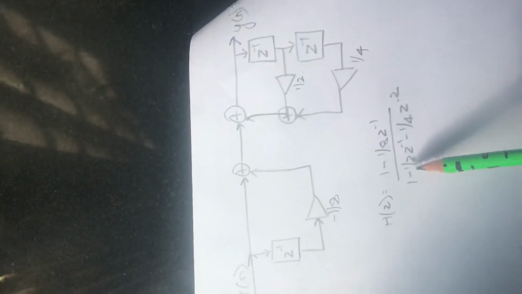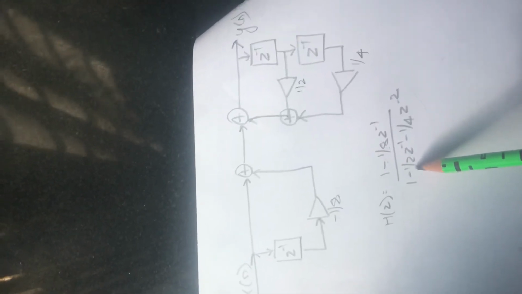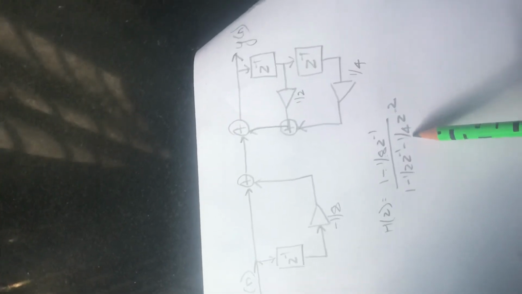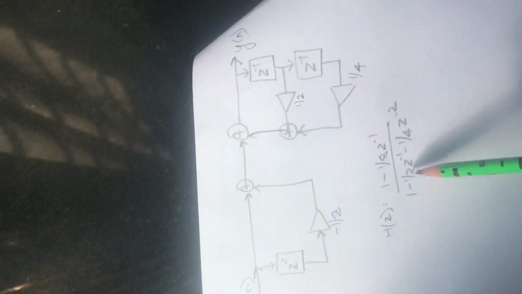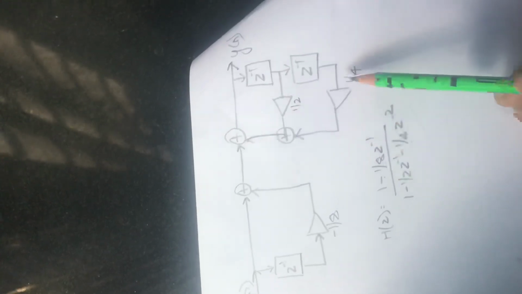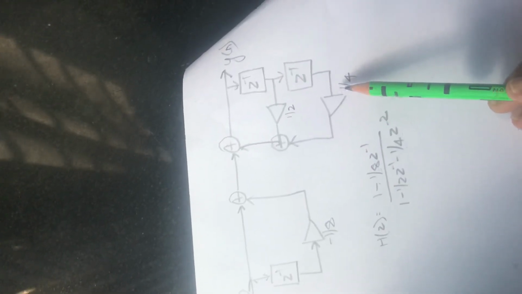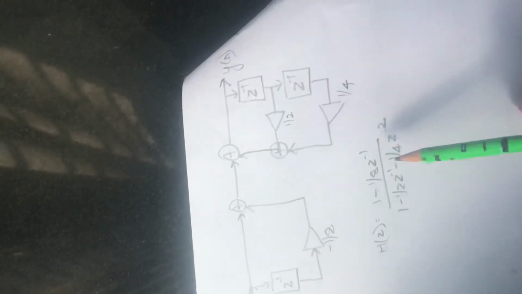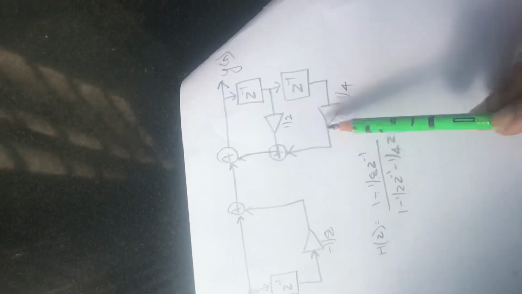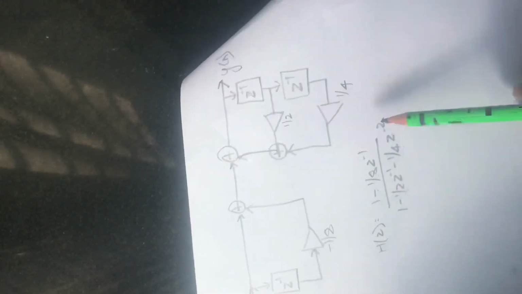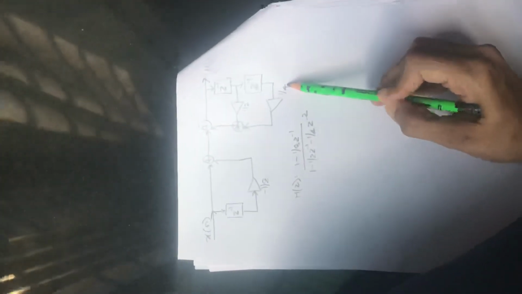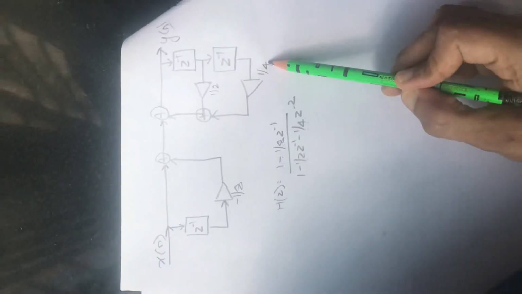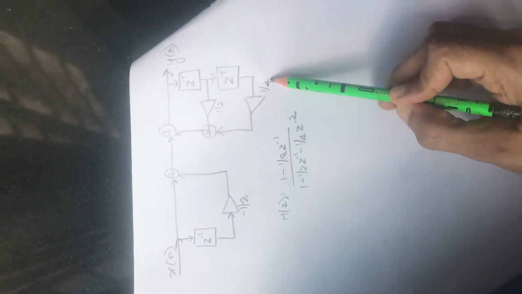The denominator coefficients, by which I mean the coefficients of z raised to 0, z raised to minus 1 and z raised to minus 2 and so on, appear on the right hand side of the realization block for direct form 1, and the coefficients are negated. Minus half becomes plus half, minus 1 by 4 becomes plus 1 by 4. So you can directly draw the block diagram. This is direct form 1 realization.